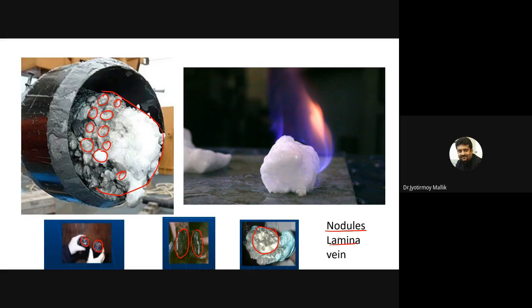It can be as lamina, like you can see here, small laminar stuff, and it can also be as veins. So nodules, lamina, and vein, these are the general forms of naturally occurring ice in the sea floor within which such gas can be stored.